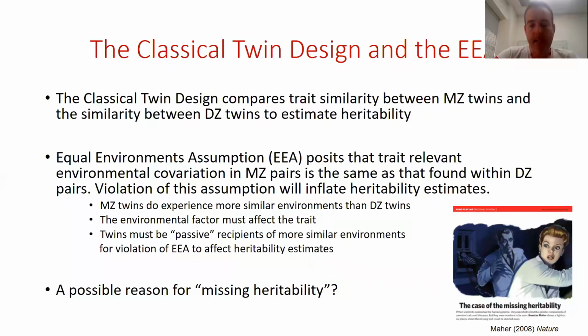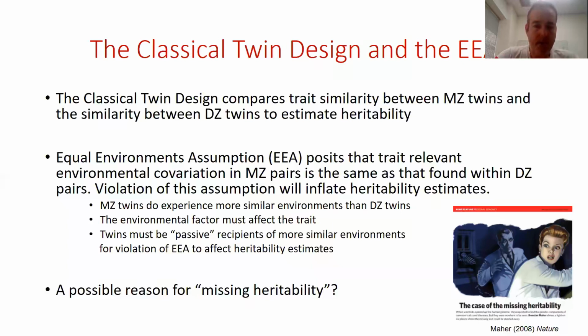It basically posits that trait-relevant environmental covariation in MZ pairs is the same as that found within DZ pairs. And violation of this assumption will inflate heritability estimates in classical twin studies.